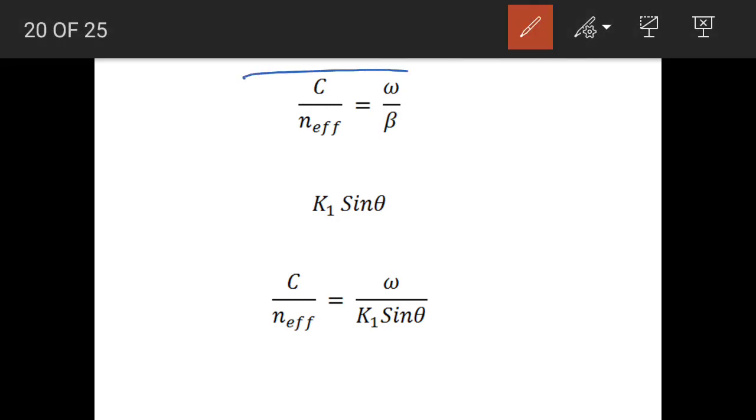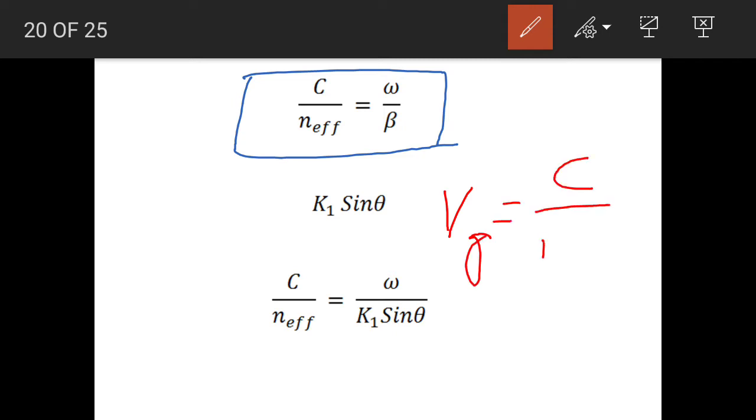How do we get this particular equation? Let me write down the equation over here. Basically, we have Vg, which is equal to C by N effective. And we know that this Vg is basically equal to omega by beta. So if I put the value of Vg, which is omega by beta, omega by beta will be equal to C by N effective.